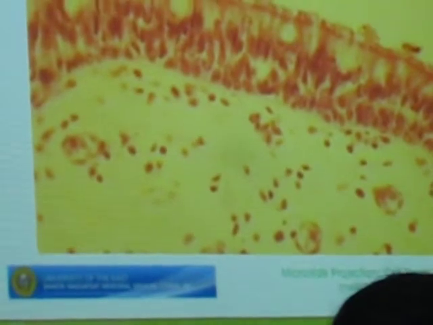So these are the goblet cells, these are cilia, and it's pseudo, you actually have one layer, but the length of the cells varies. You can have short cells with low-lying nuclei or tall cells with high-lying nuclei. That's why it's pseudo, it appears it has several layers.